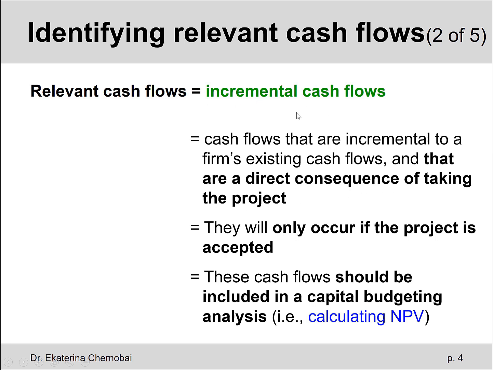You can also say that incremental cash flows will only occur if the project is accepted. Incremental cash flows should be included in a capital budgeting analysis. In other words, in calculating the net present value for some investment opportunity.